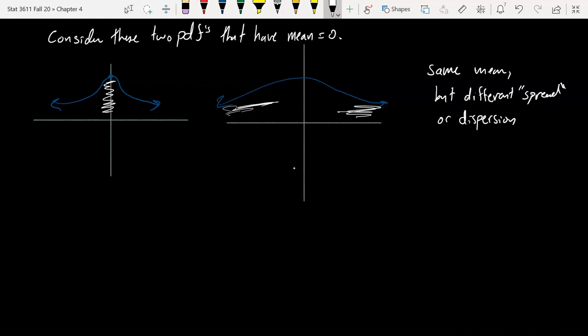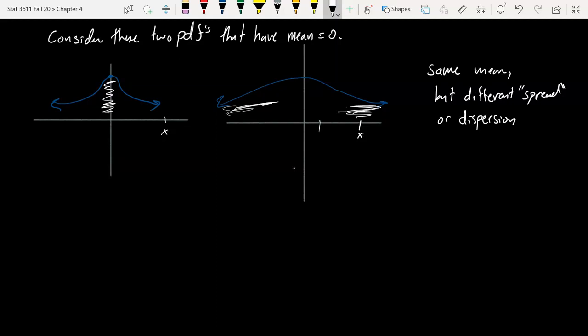So what I might do to approach this is ask whether there is a way to quantify how likely it is for me to get a value that's over here, or this far away on these distributions. I would argue that in the second distribution I am much more likely to get this value than I would be in this distribution.